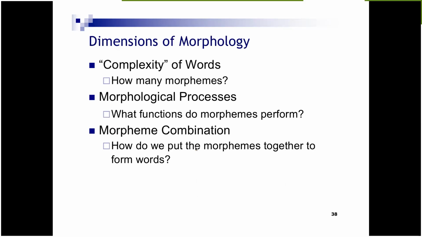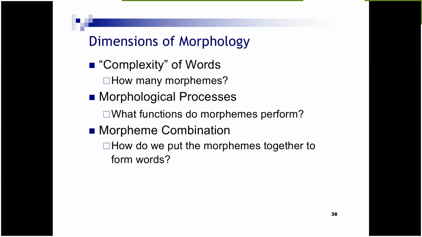And so there are some aspects of computational morphology that someone should be aware of, at least the different topics around morphology. So one is the complexity of words. How many morphemes do you have in a word? It depends on the language and depends on the type of word you're talking about. And then the other question is what function do the morphemes convey?